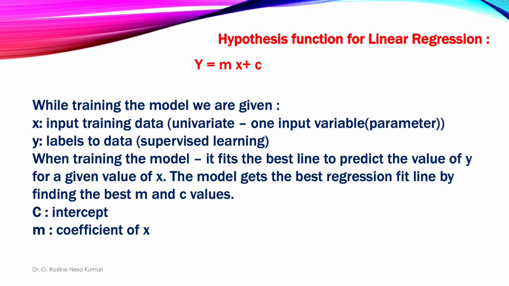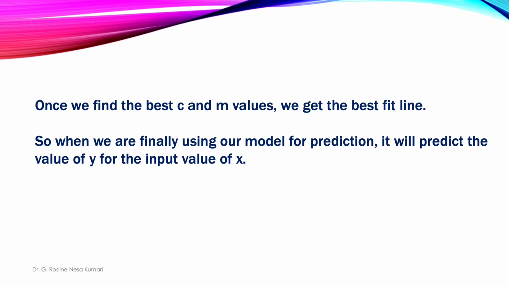The model gets the best regression fit line by finding the best m and c values. c means the y-intercept, and m is the coefficient of x, or the slope.